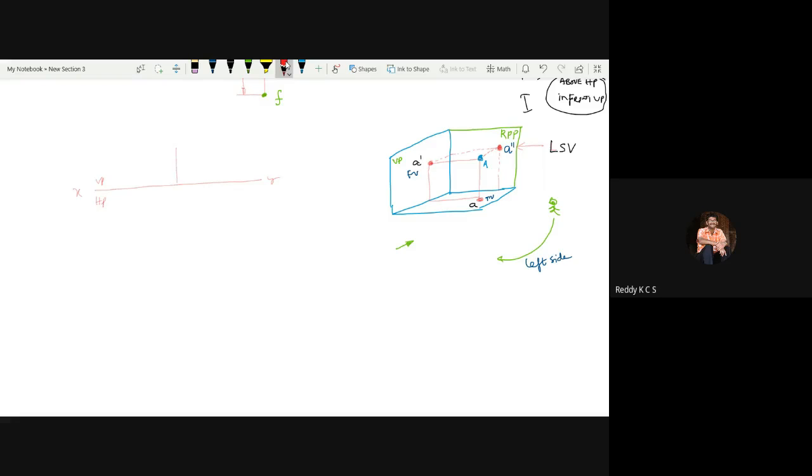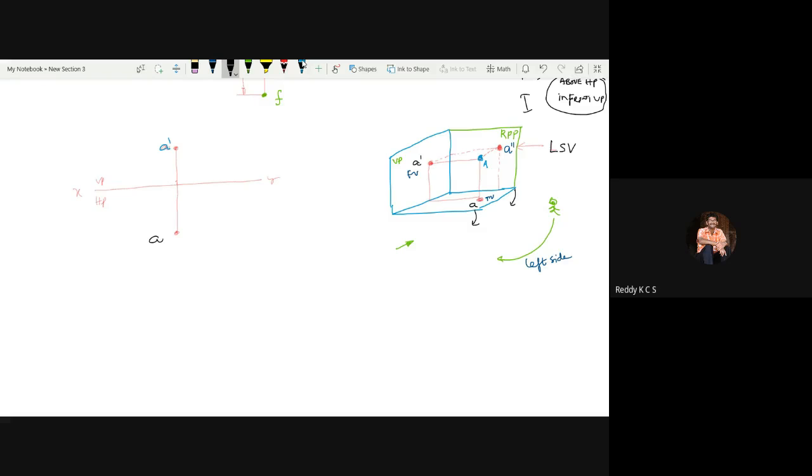By drawing anywhere on this XY line, we located A dash, and we got the top view of this point, located as A. Now, how to draw this side view? We have rotated the horizontal plane in a clockwise direction so that the vertical plane and horizontal plane are in the same plane.